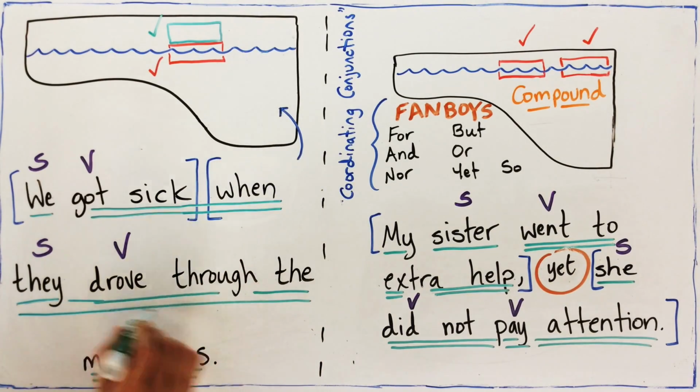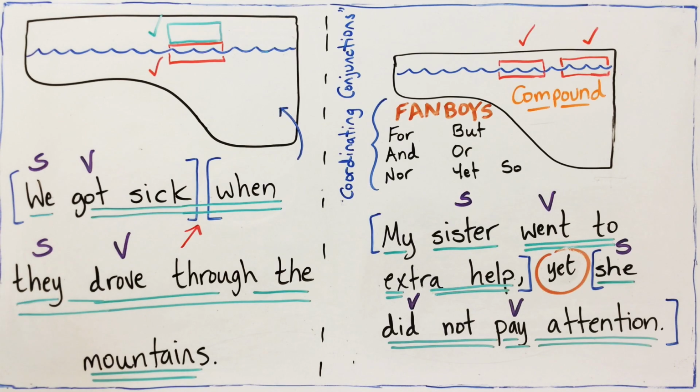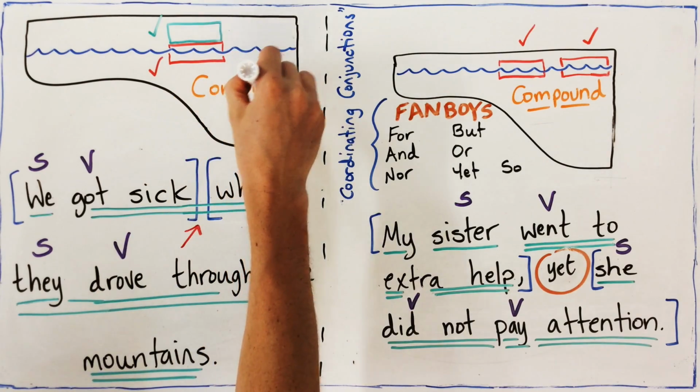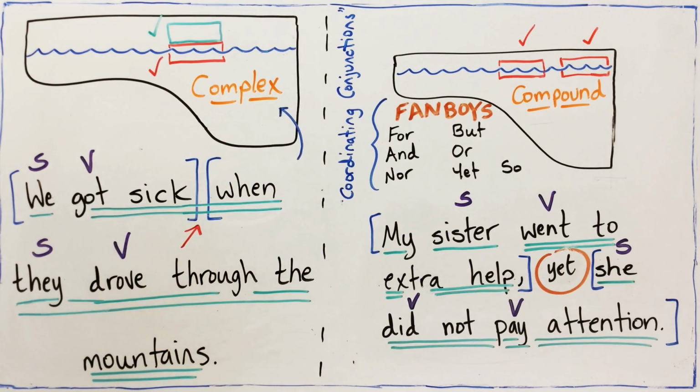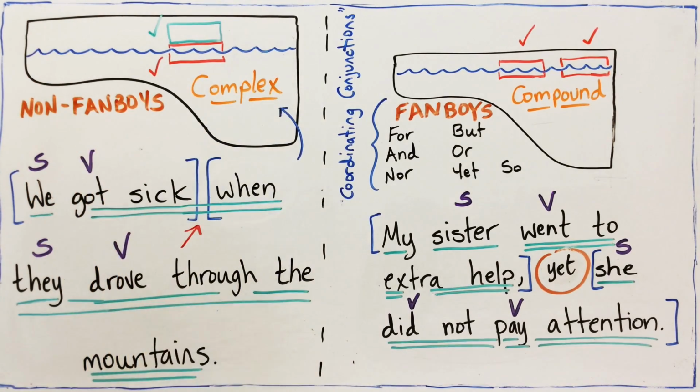Look, the first clause takes over the second one. The complete predicate of the first clause shoots into the second one so that the entire second clause has a double underline. This is a complex sentence. We have one independent clause, and then a non-fanboys that instead of standing between two clauses to connect them, becomes part of one clause and makes it dependent.